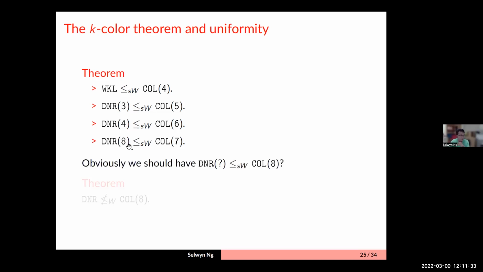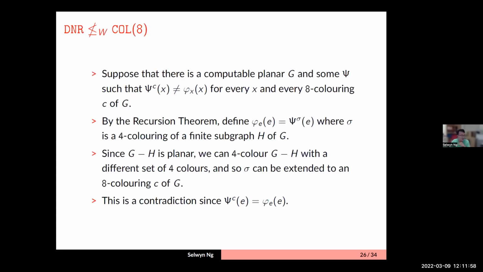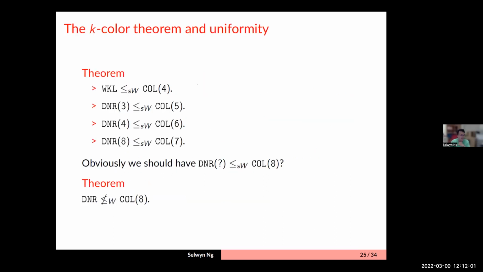So one would, of course, think that this goes on, right? If you have the 8-color theorem, then you should be able to fill in DNR with something for a suitably large value here. But as it turns out, the 8-color theorem does not actually reduce to DNR. In the interest of time, I'm not going to really discuss this, but the basic idea is that it all fails spectacularly when we get to 8 colors due to the very simple fact that 8 is 4 plus 4, and the 4-color theorem is true classically.